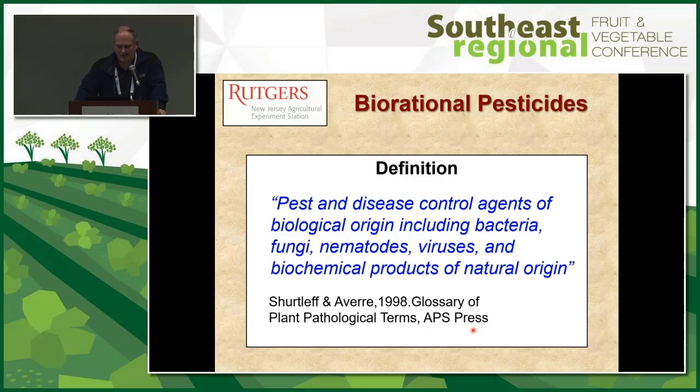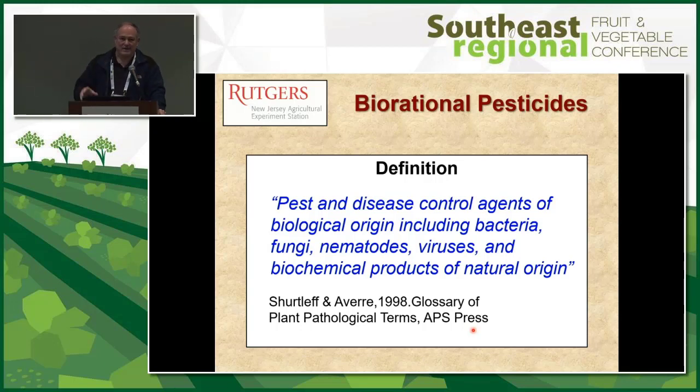So if you think about it, what if we take a material such as potassium bicarbonate? Some of the products are Kaligreen, Armicarb, and Ecomate. Potassium bicarbonate is very closely related to sodium bicarbonate, which is baking soda. It's registered for organic use.